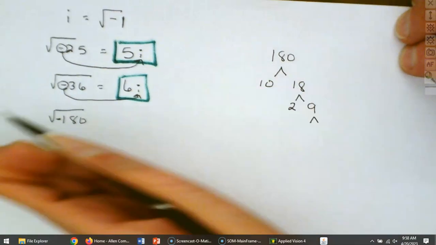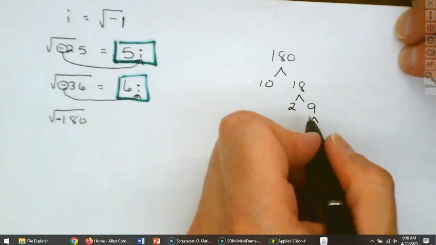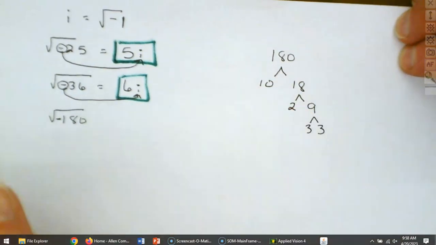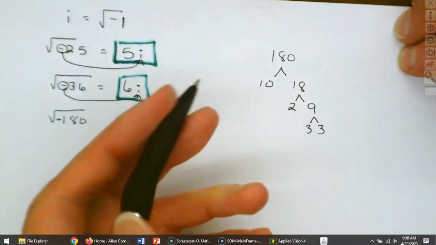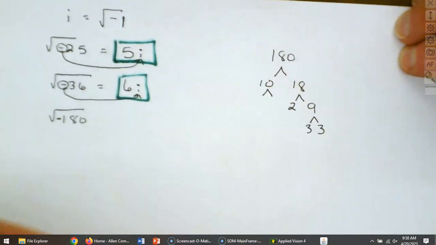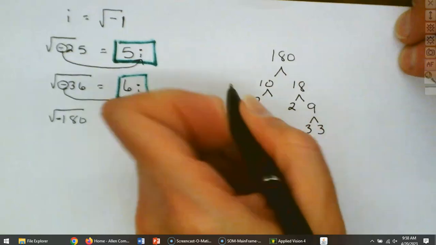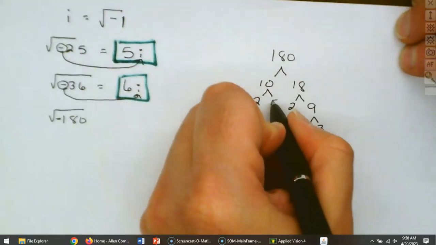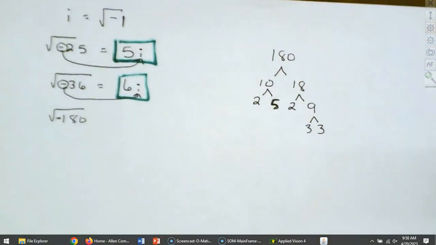And we're in luck because 9 is a perfect square of 3 and 3. How can 10 break down? Well, 10 can break down into 2 and what? 2 and 5, right? So we need to break everything down and get as many pairs as we possibly can.